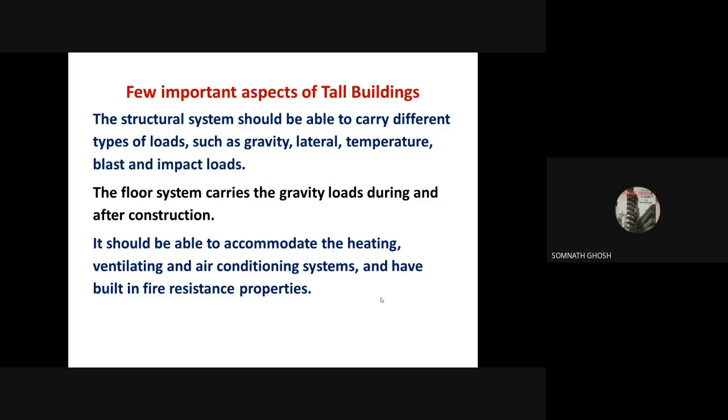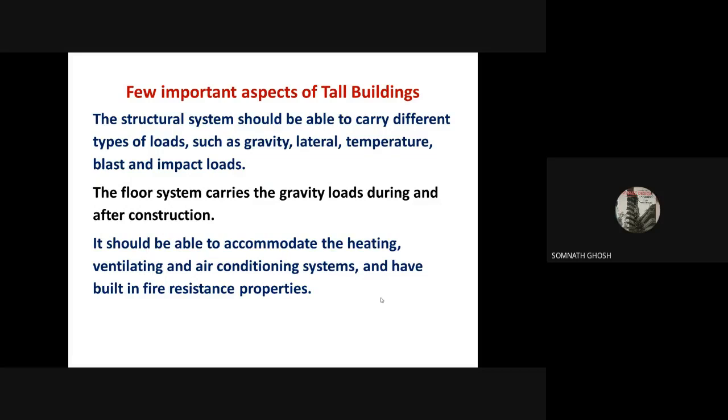So the tall building which we are discussing involves a huge number of architects and structural engineers, and finally, after considering all the aspects, they decide to construct it or accept it. Don't think that for 10-story, 15-story buildings people are not considering properly. They are taking it seriously, and they check all these aspects.